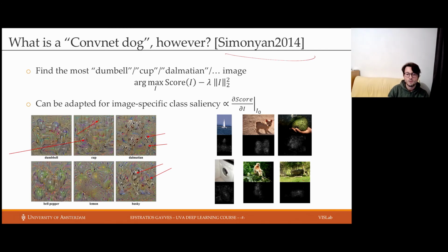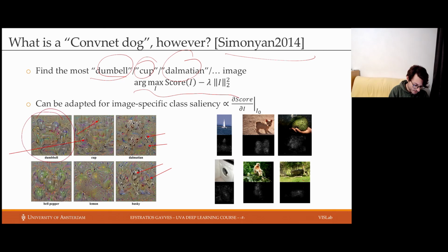It's more like which picture would maximize the score of a dumbbell class or a cup class or Dalmatian class. And to do that, they expressed an objective here, a minimization objective, and they could also adapt it to discover pixel-wise class saliency with very interesting results.